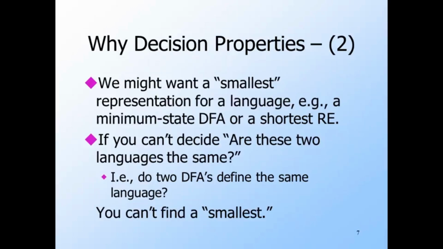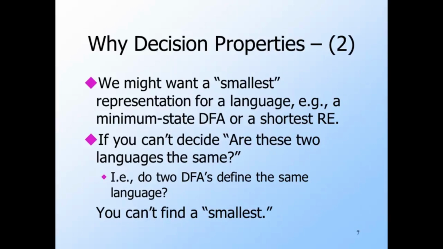Another use for decision properties of regular languages involves minimizing their representations. For instance, DFAs are a good representation for certain kinds of digital circuits, those that have memory. We usually want the smallest circuit to accomplish a task, and a good first step is to find a DFA that does what we want and has the smallest number of states of any DFA for the same language.